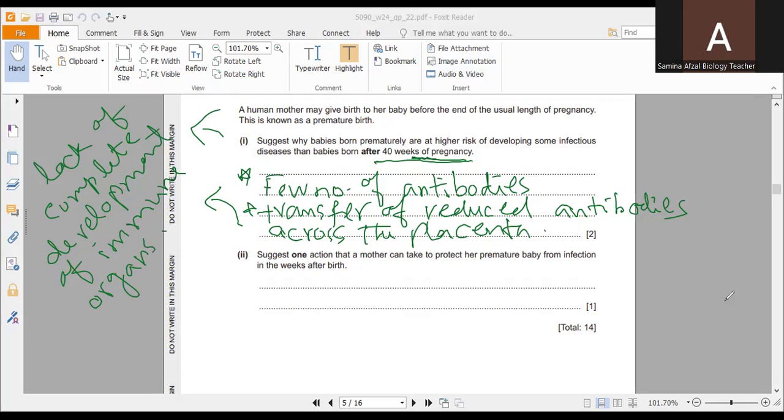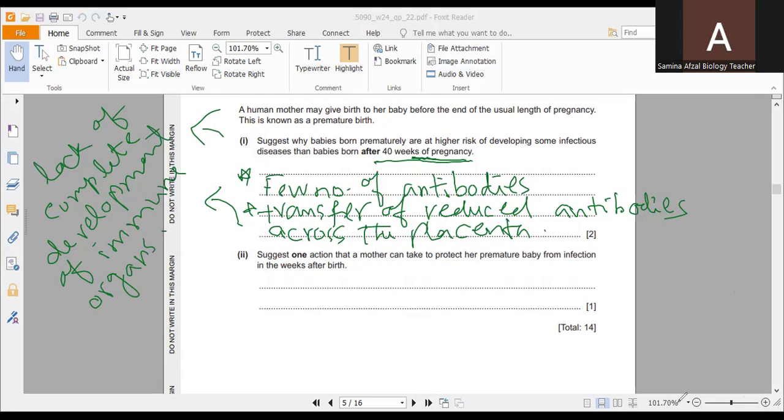The organs crucial for immune function, such as the thymus and the spleen, may not be fully developed in premature infants, further compromising their ability to mount an effective immune response. So in this way, they are at high risk.